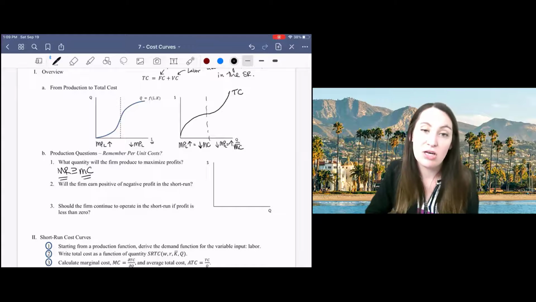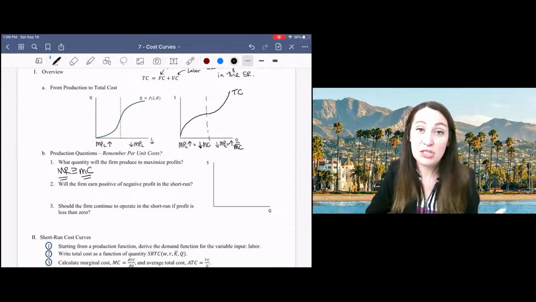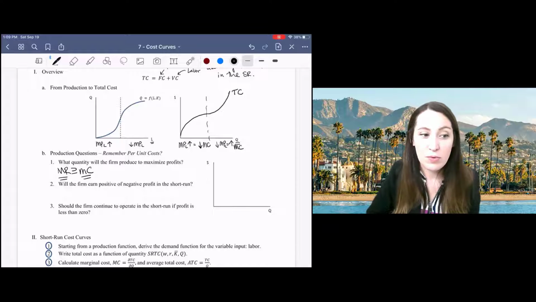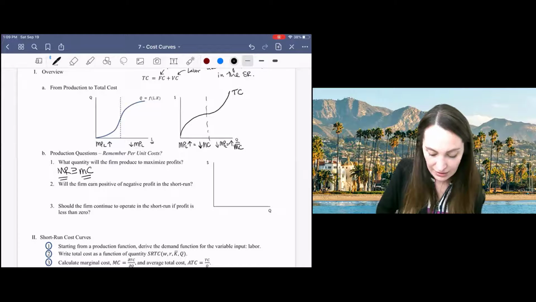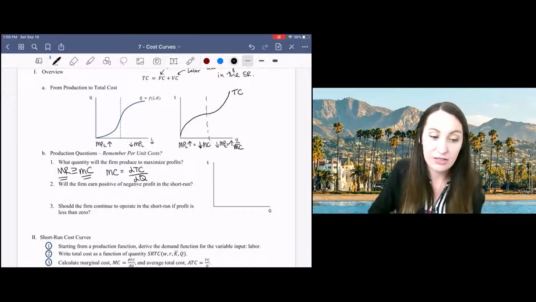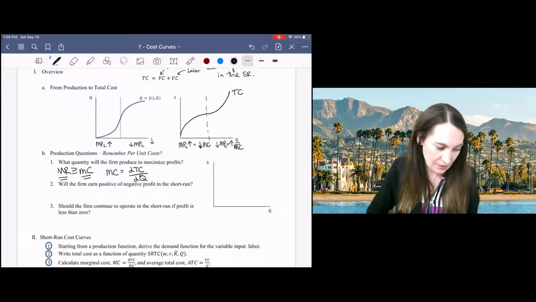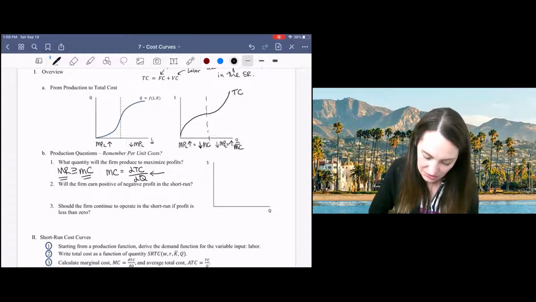In other words, the revenue from each additional sale is greater than the cost of producing that unit of output. So our marginal cost we would calculate as the derivative of total cost with respect to quantity. It's the additional cost for each additional unit of output.